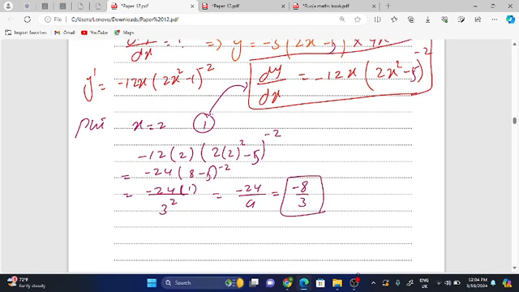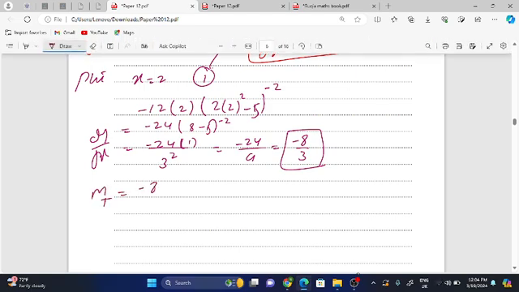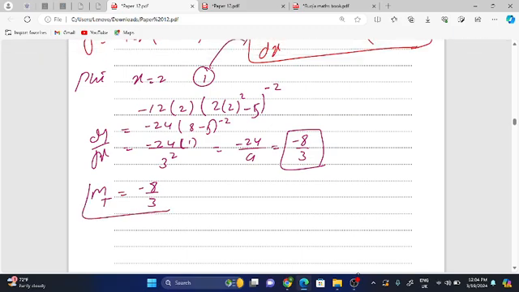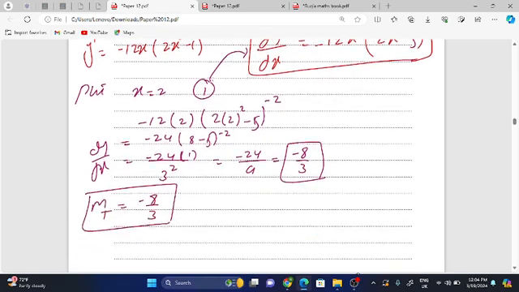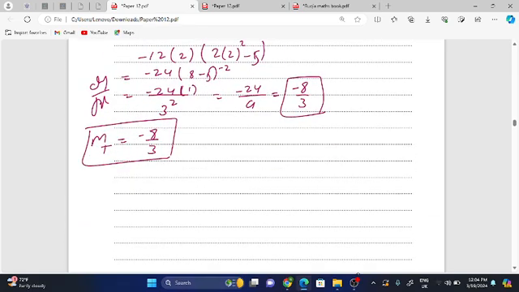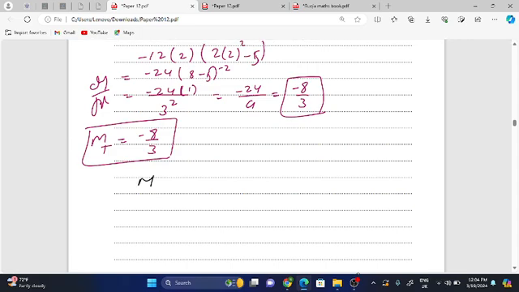So that is the derivative, which means that is your slope, dy by dx at the point x equals 2. Your derivative is minus 8 by 3. This is the slope of the tangent, but you have to talk about the normal. For the normal, there is a famous formula: mt times mn equals minus 1.